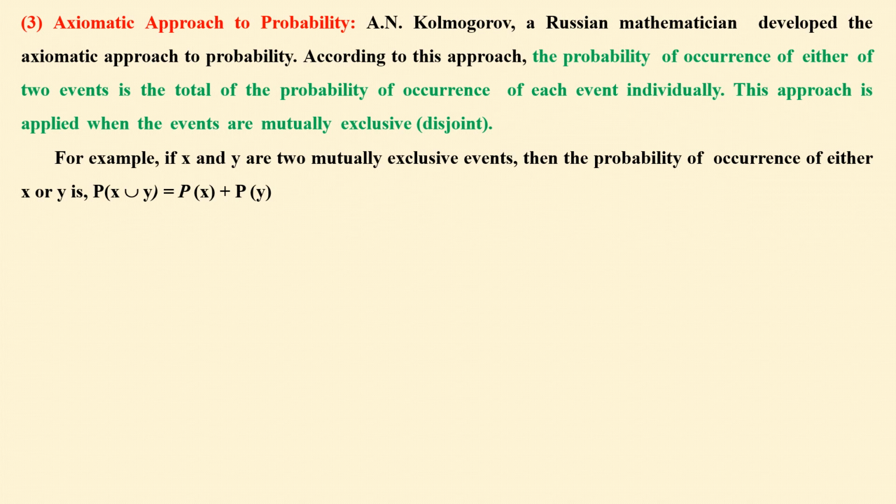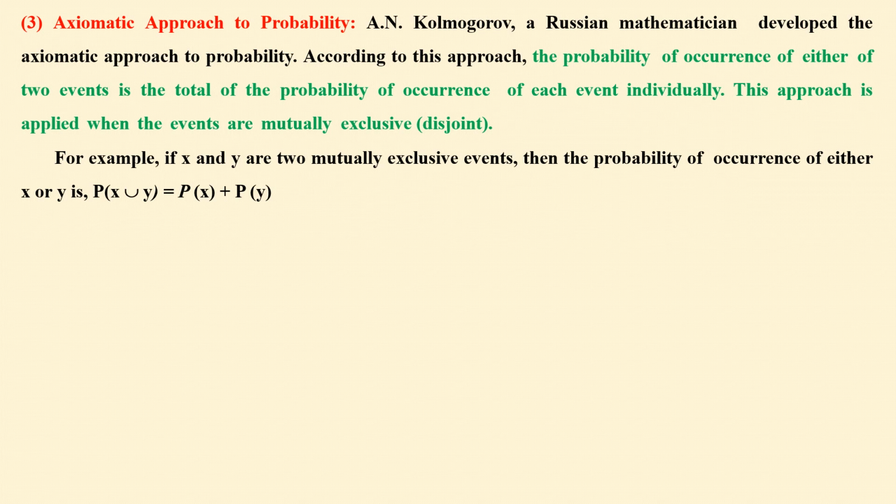For example, if X and Y are two mutually exclusive events, then the probability of occurrence of either X or Y is P(X union Y) equal to P(X) plus P(Y). That is, both are independent.